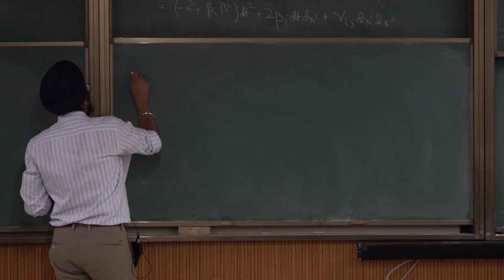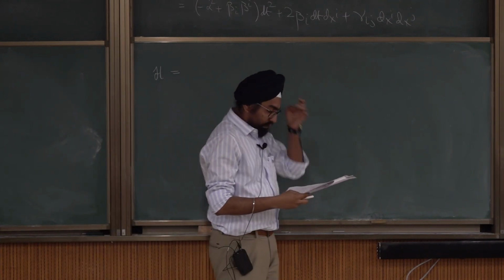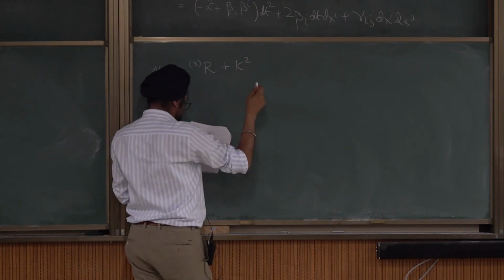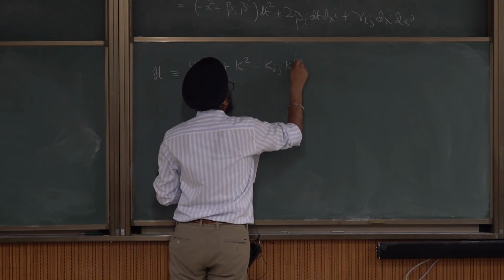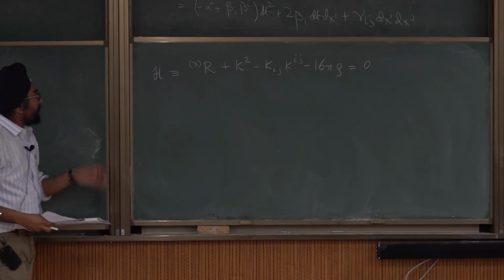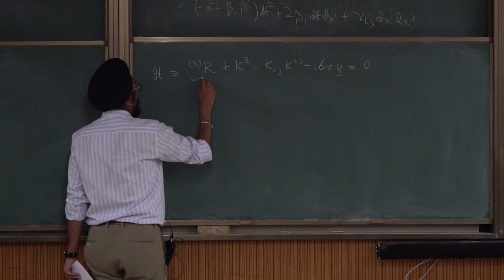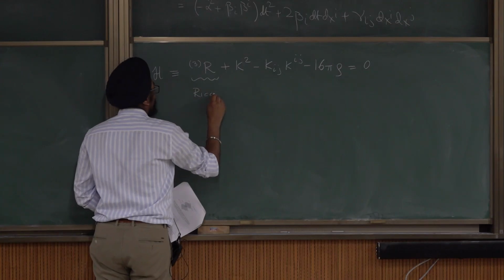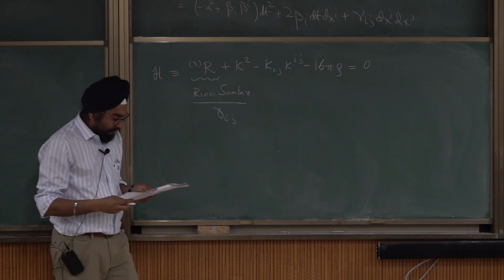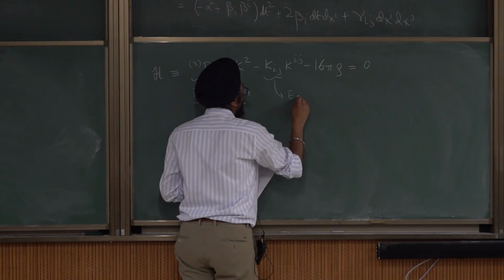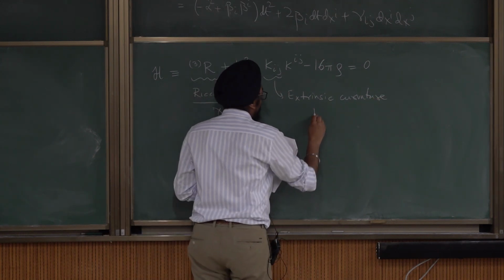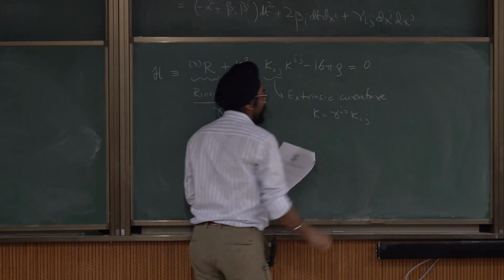With this coordinate choice, the Hamiltonian constraint turns out to be ³R + K² − K_ij K^ij − 16πρ = 0. Here ³R is the Ricci scalar compatible with γ_ij, just the spatial metric, K_ij is the extrinsic curvature, and K is γ^ij K_ij, the trace of the extrinsic curvature.